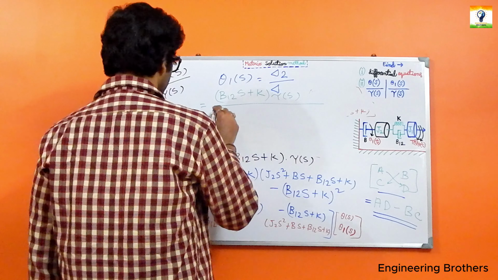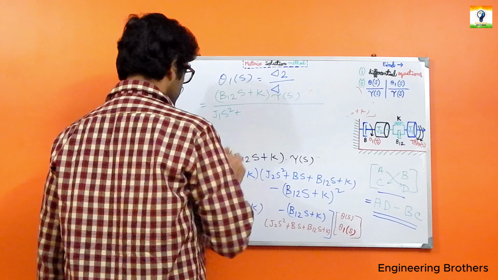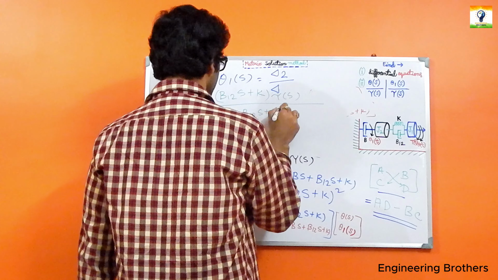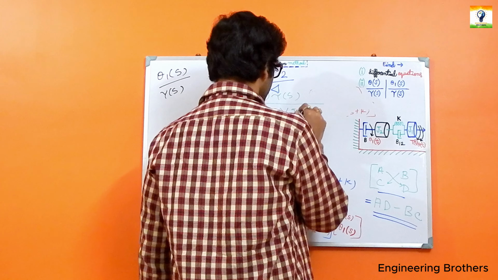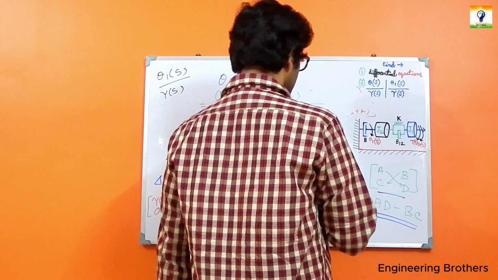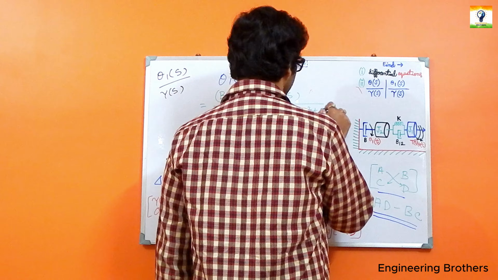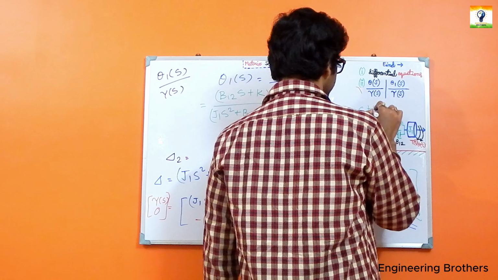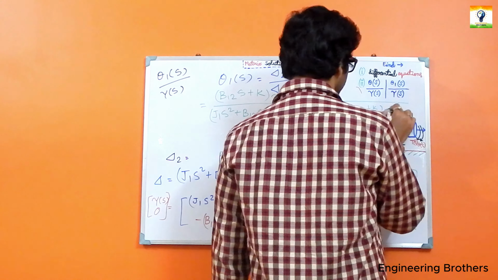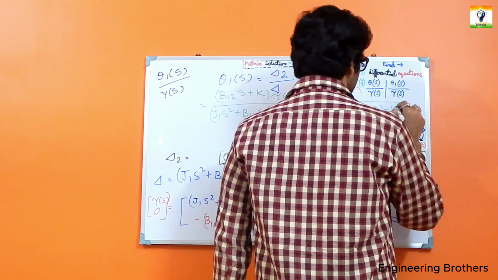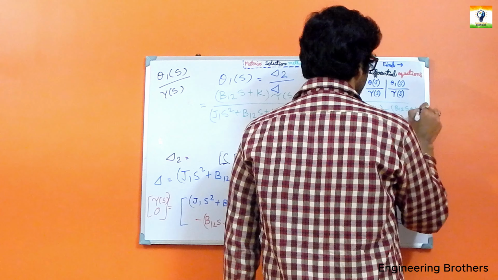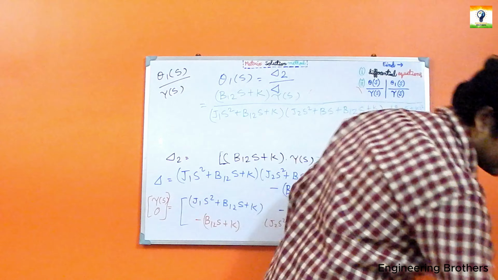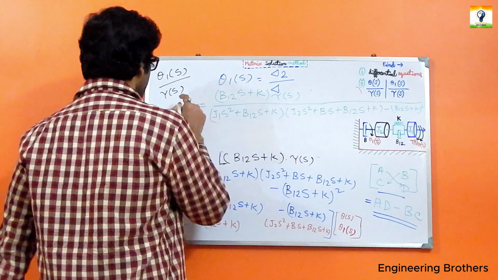This one is the whole thing for our delta, which is g1s squared plus b12s plus k, multiplied by our j2s squared plus bs plus b12s plus k, and finally minus of this b12s plus k, that is squared. So this is the whole factor over here.